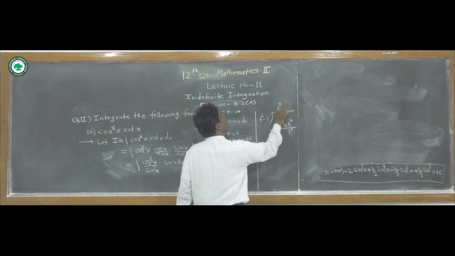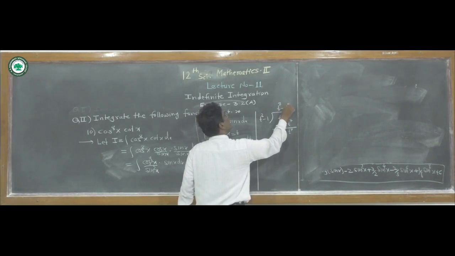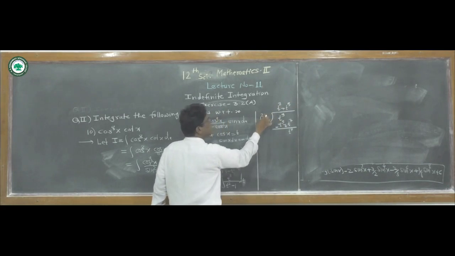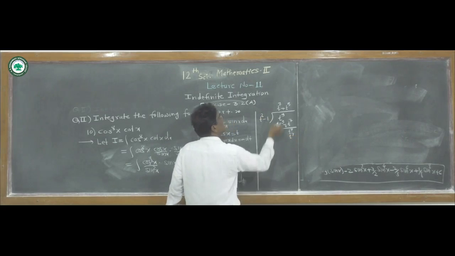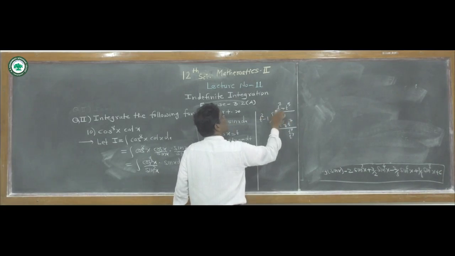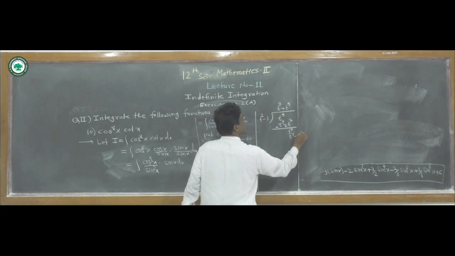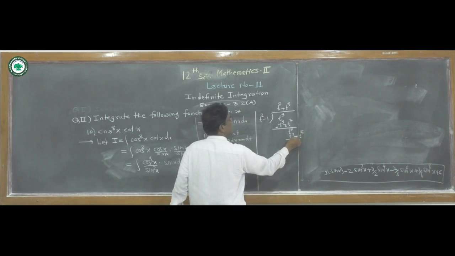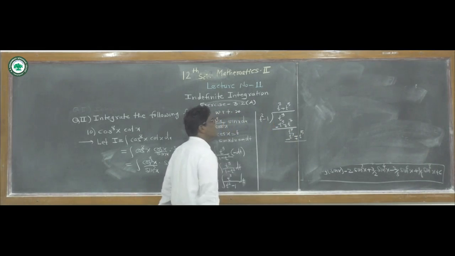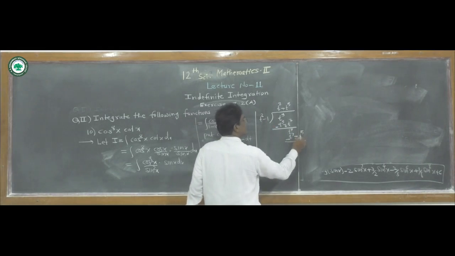So here we take plus t to the power 5, so that t to the power 5 into t square, that is t to the power 7, and t to the power 5 into minus 1, that is minus t to the power 5. Again change the sign, this becomes minus and this a plus. This t to the power 7 and minus t to the power 7 get cancelled. So here we get t to the power 5.